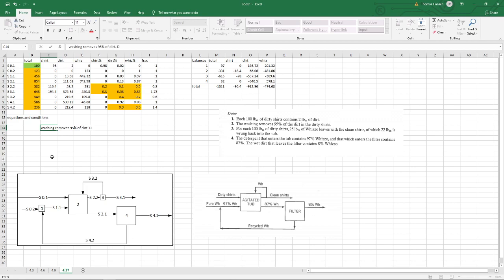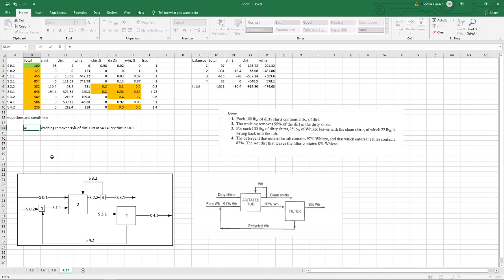That means that the amount of dirt in stream 4.1 is equal to 95% of the dirt in stream 0.1. The 95% of the dirt in the shirts has to exit. So how do we do this as an equation?